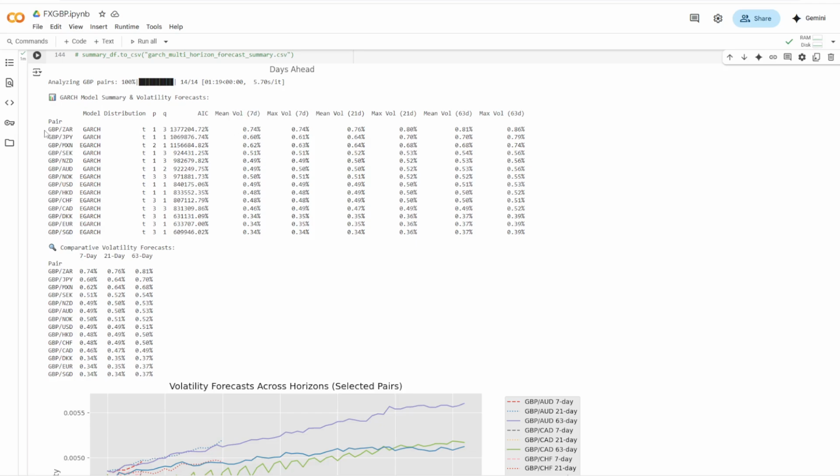And we have the pound South African rand top of the league, 0.74. Mean vol 21 days, 0.76. Max vol 0.80. And the max vol in 63 days, 0.86.